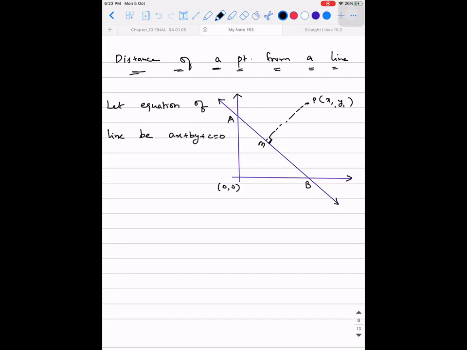That is the general equation of a line, a linear equation in two variables, right? So the point P is x1, y1. Correct? Now see, what will be the coordinates of point A and point B?